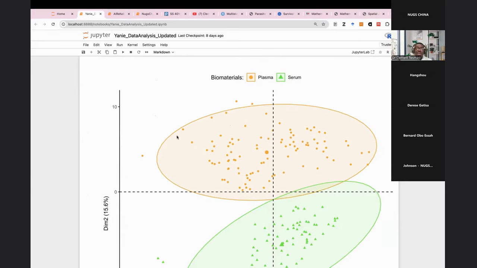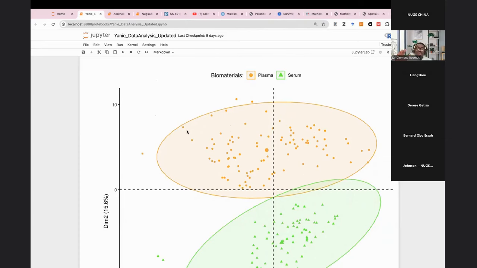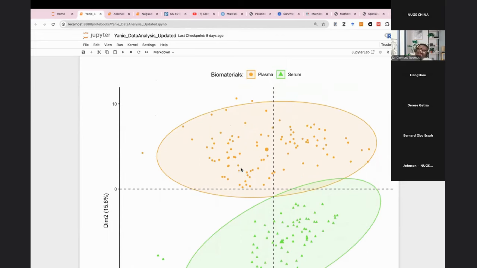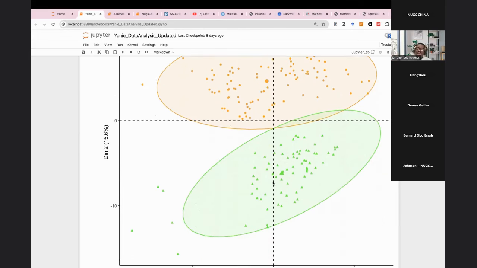And then the data was collected based on some specific materials. And then we wanted to compare whether there's any pattern in the protein expression between those two materials, in this case, plasma and serum. So here it's telling us that the protein expression levels in the plasma material was relatively higher than those in the serum.